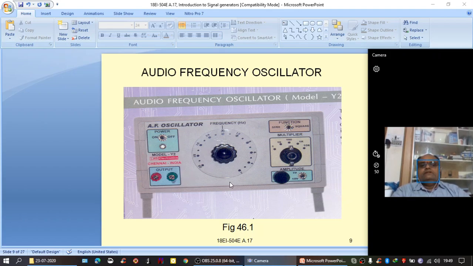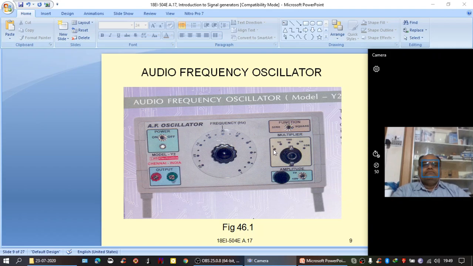And this is for continuous frequency adjustment, starting from 2, 3, 4, 5, 6, 7, and so on, up to 20. That is in one particular frequency range. Here you can see the frequency range.